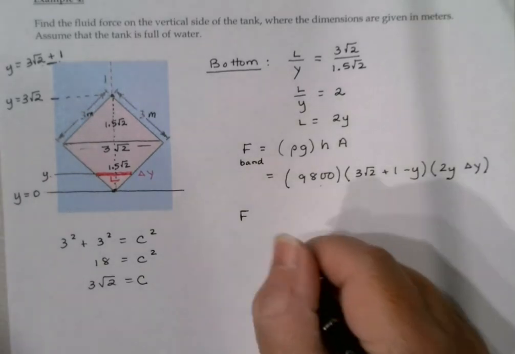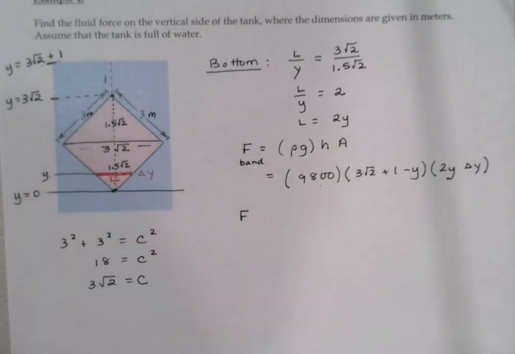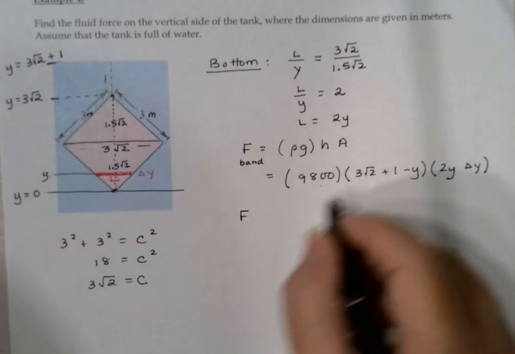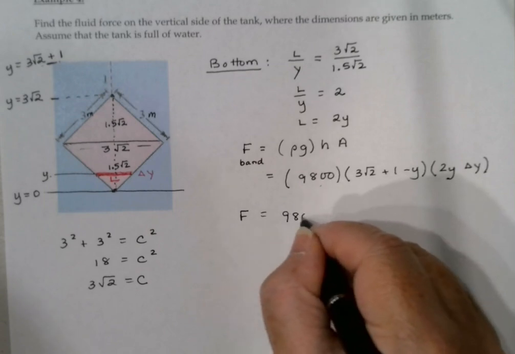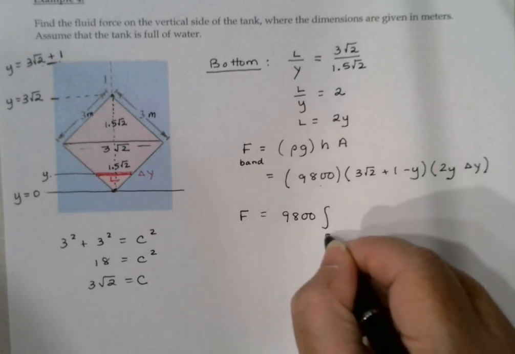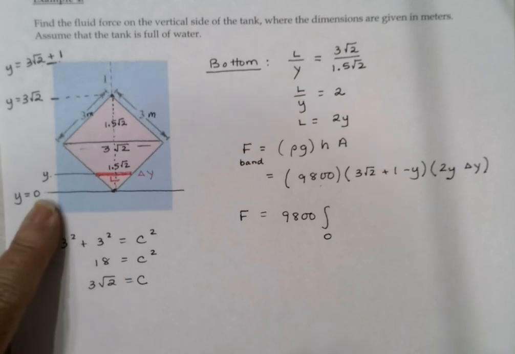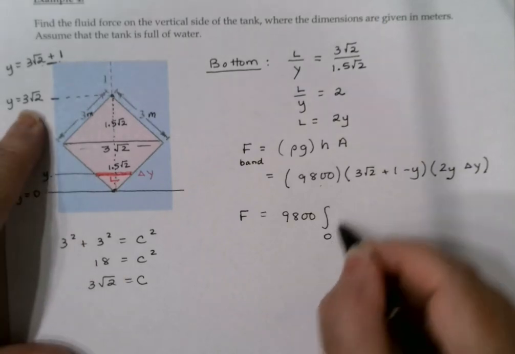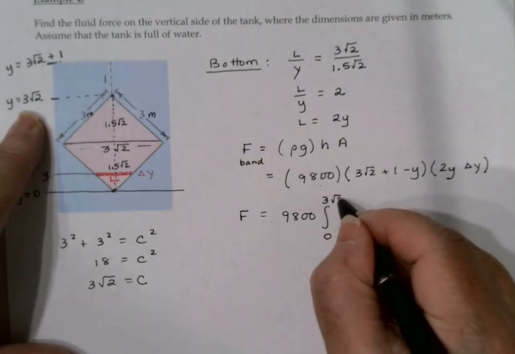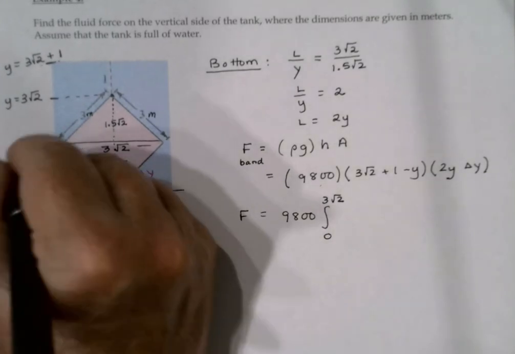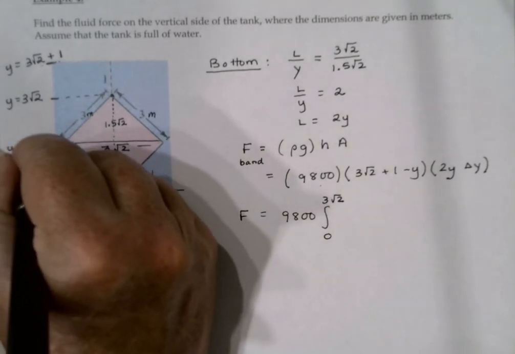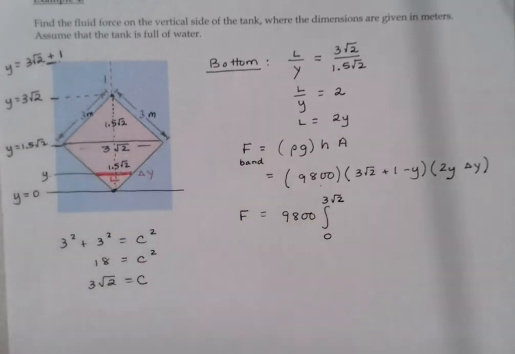That means the total force on just the bottom I can get by integrating, and if you do want to pull out the 9,800, you certainly can. Now my plate goes from y equals 0 to y equals 3 square root 2. Oh, excuse me, I'm only doing the bottom, so I'm going to use 1.5 square root 2 here, not 3 square root 2.